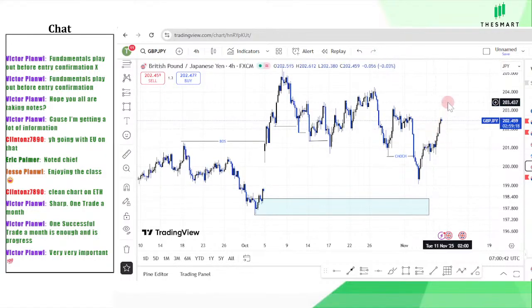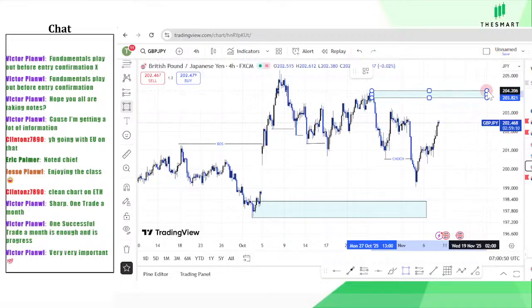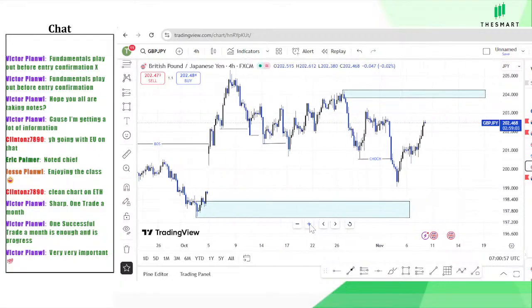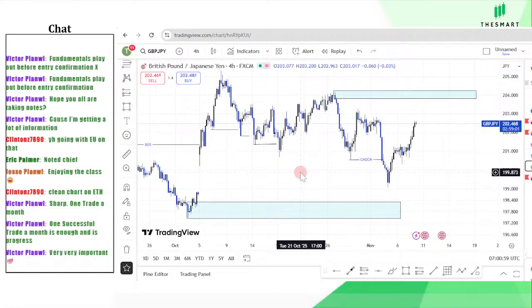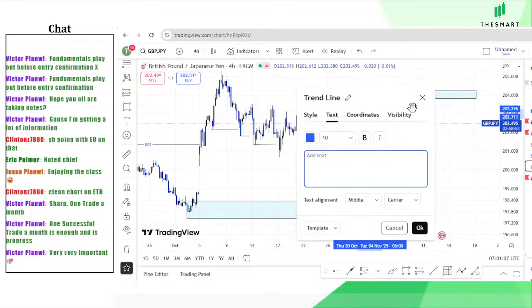First thing I want to see on this pair is this level. This is my 4-hour zone. I have my fair value gap, and I have this point as my liquidity. This is what I have. So we have this liquidity given to us at this point.